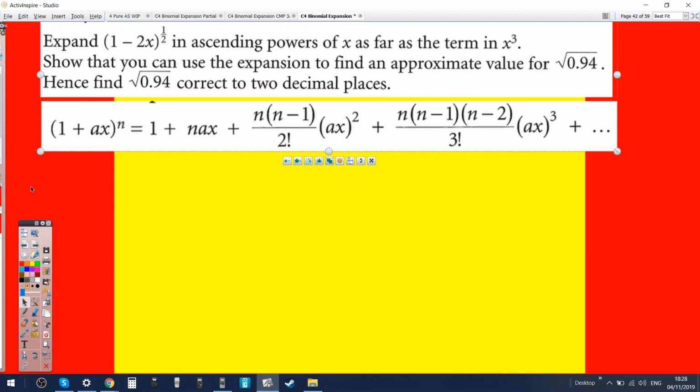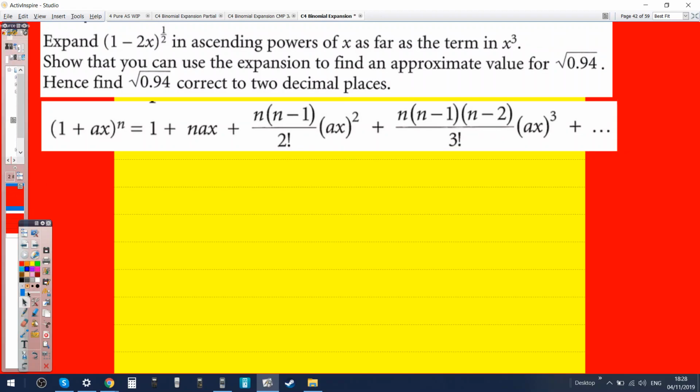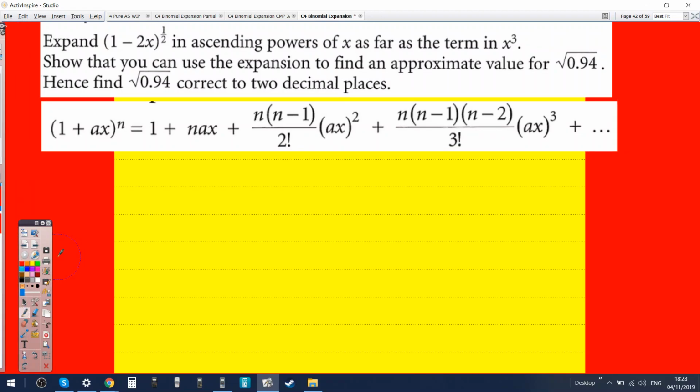I suppose it's a magnitude. Okay, so we use the binomial expansion of (1 minus 2x) to the half, where a half is n and ax is equal to minus 2x.